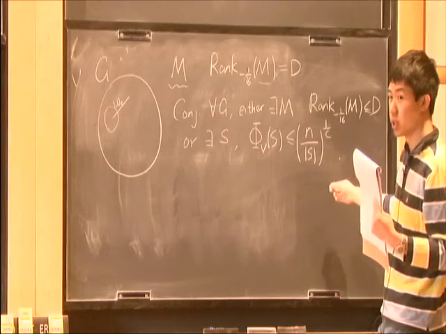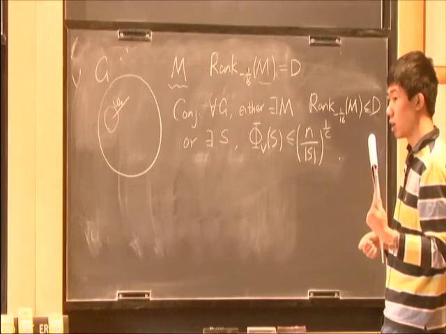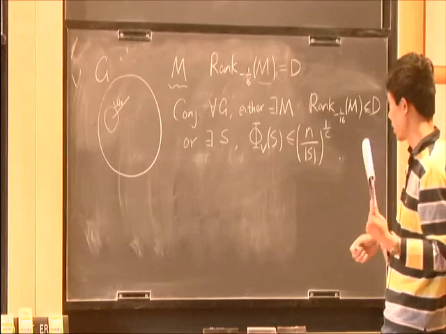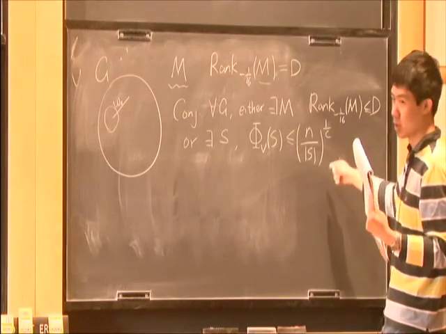So if this conjecture is true, then you can always color a graph with n to the 1 over C colors, essentially.